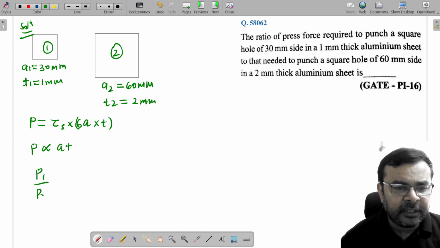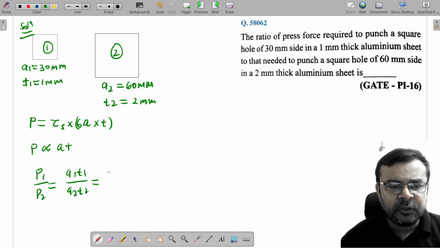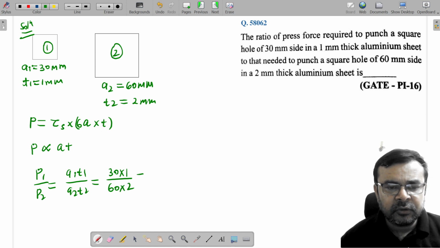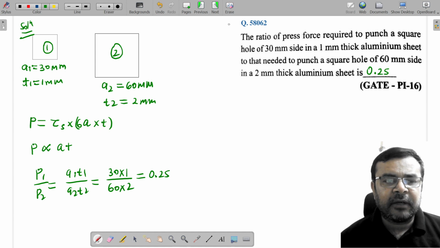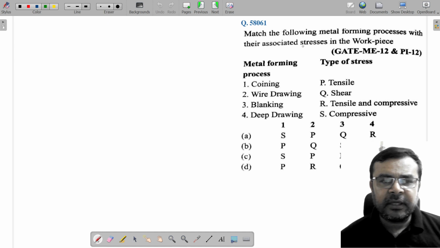So P1 by P2 is A1 T1 over A2 T2. Put these values here, and we get 30 into 1 over 60 into 2. This ratio gives us 0.25. Correct? So the correct answer is P1 by P2 equals 0.25, or simply you can write 1 by 4. Is it clear? Okay, so let's see another question.